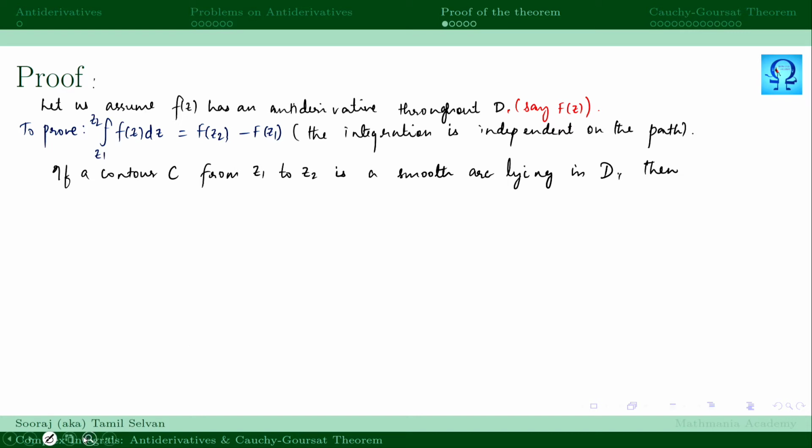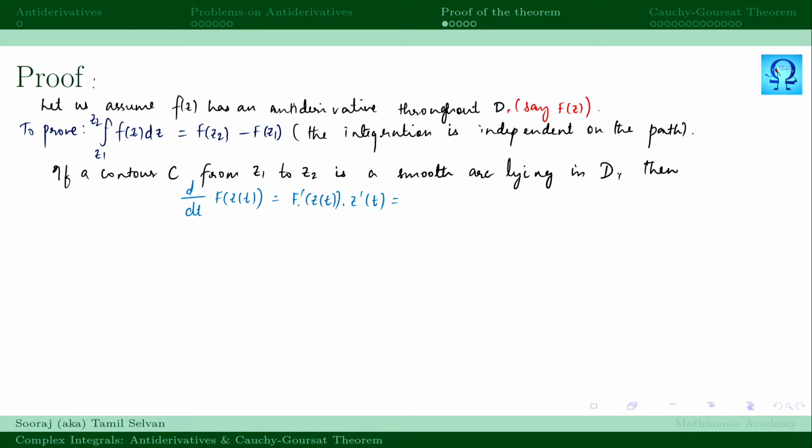We have already proved a result that tells us that the derivative of F of z of t is nothing but F prime of z of t multiplied with z prime of t.